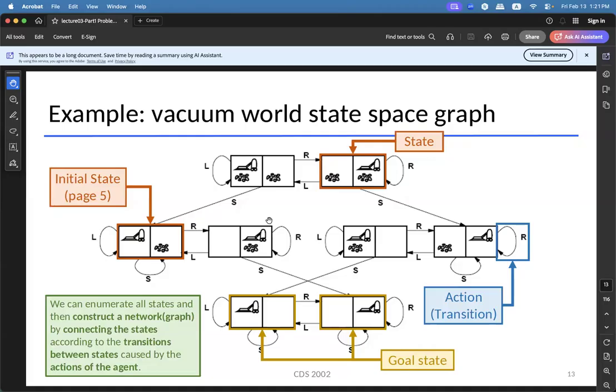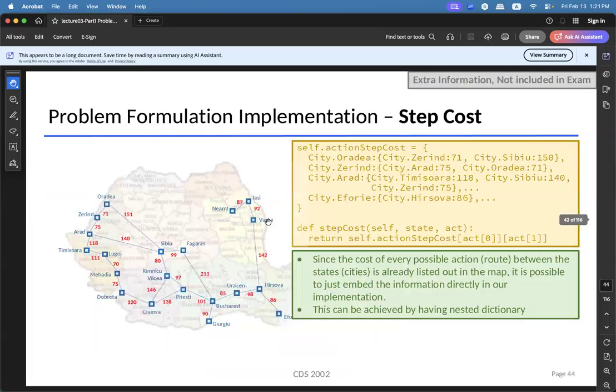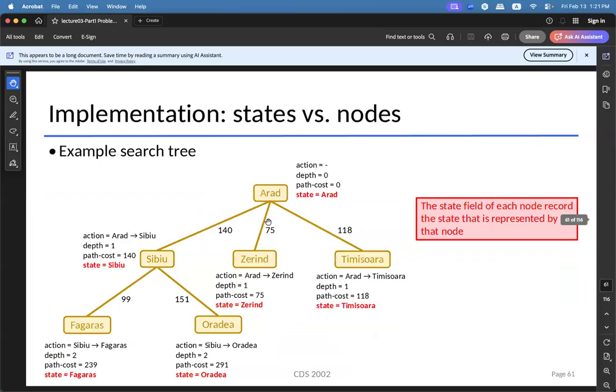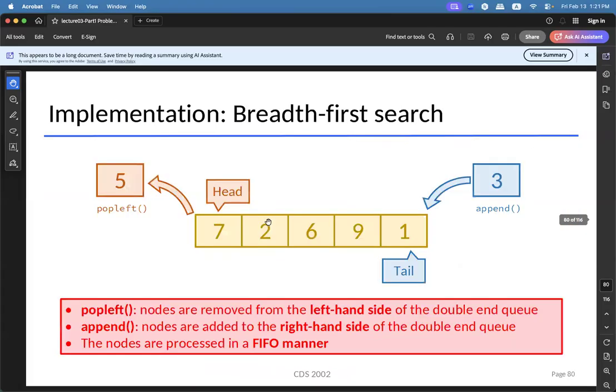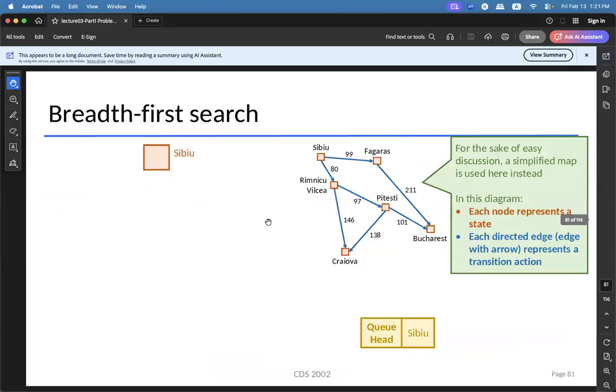A common convention is that for edges with arrows, the arrowhead represents the direction of transitions. If the edges don't have any arrows, then you may assume that the transition goes both ways. As you can see here, the examples I listed also contain arrows.